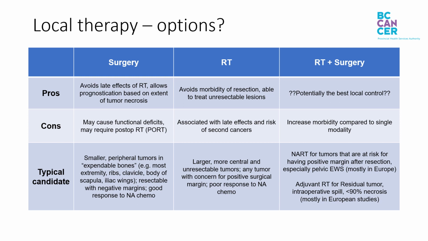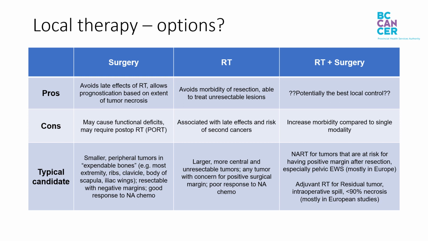So the typical ideal candidate for radiotherapy alone approach would be those who have larger, more central unresectable tumors and any tumors that may potentially have positive surgical margin, or those who have had poor response to neoadjuvant chemotherapy.